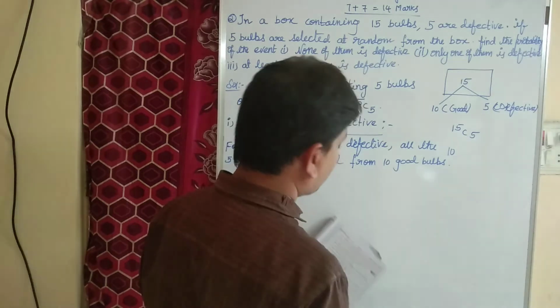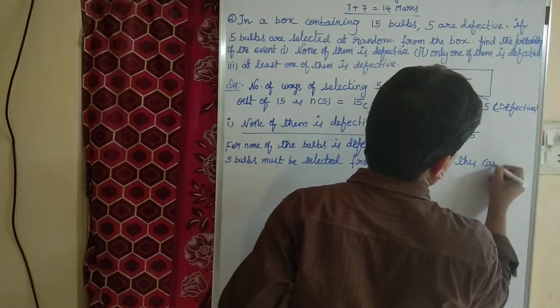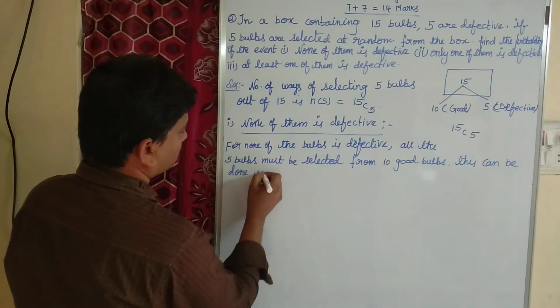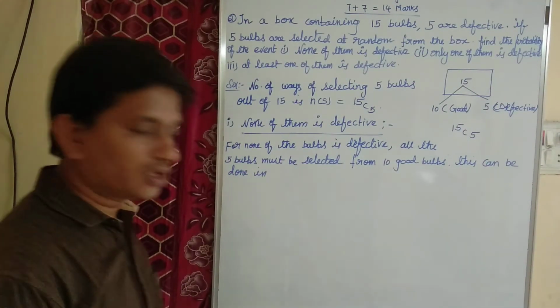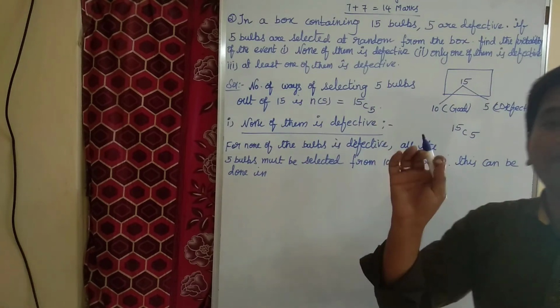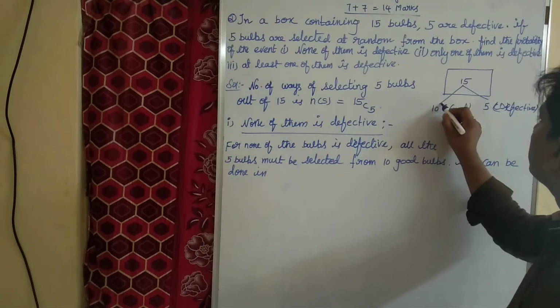So this can be done in how many ways, children? The question is none of them is defective, in the sense all are good ones. In total we have 10 good ones.